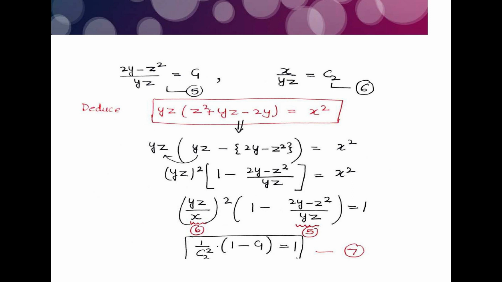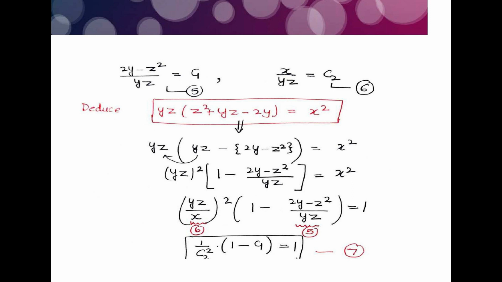Now we try to rewrite this particular solution in terms of relations 5 and 6, or you can directly guess what should be the suitable relation between C1 and C2 so that we can have this solution given in the box. So here I am trying to rewrite the particular solution in terms of equation number 5 and equation number 6. You can try a different approach also, but this is one of the approaches.